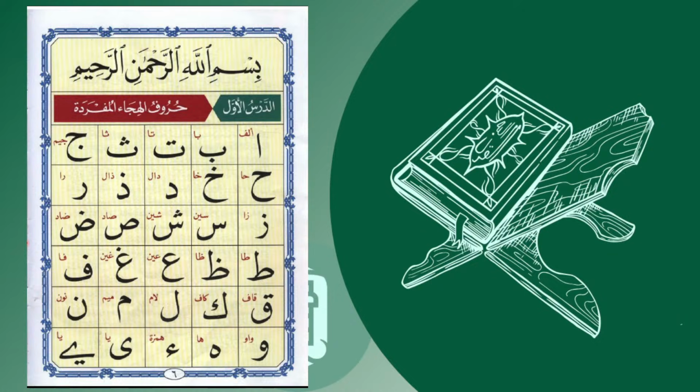The curved, semicircular part of it goes down below the baseline. This becomes important when we start to join the letters. For now, just understand that the semicircle and the dot for Jim are below the baseline.